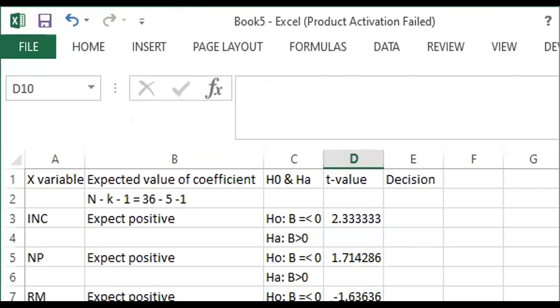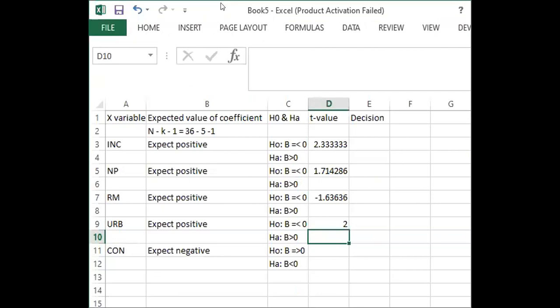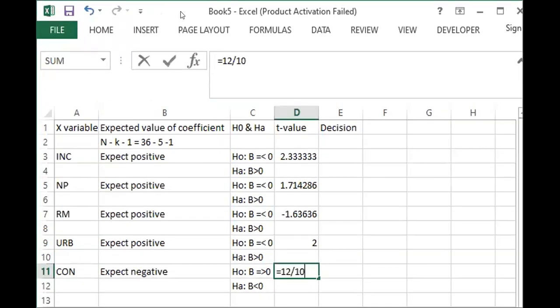That gives us a minus 2 there. Okay, and then, the last one is 12 divided by 10. Yes, the answer to that one is yes.